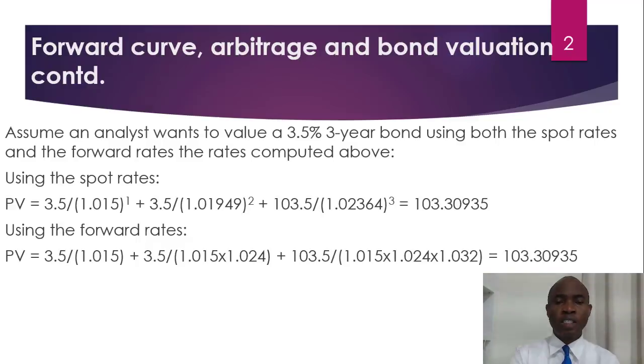And finally, the third spot rate is 2.364%. If you put that into the equation, you have your present value of the bond as 103.30935. You are discounting the various cash flows by the different spot rates.